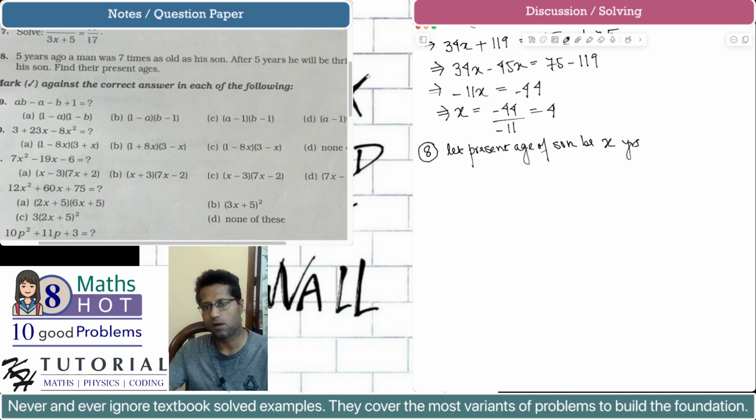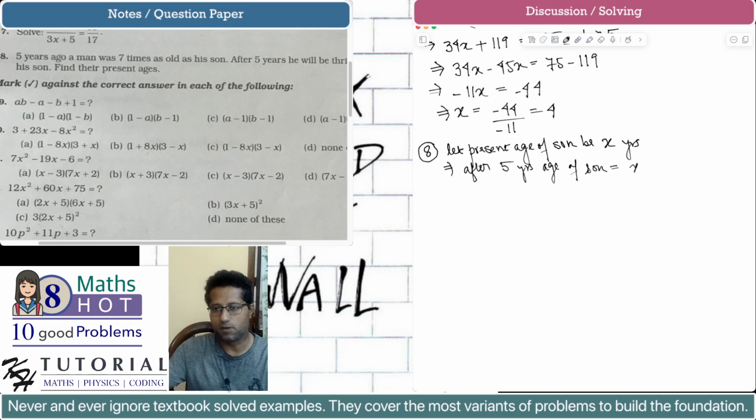Let the present age of the son be x years. So we can say that after 5 years, the age of the son is equal to x plus 5.